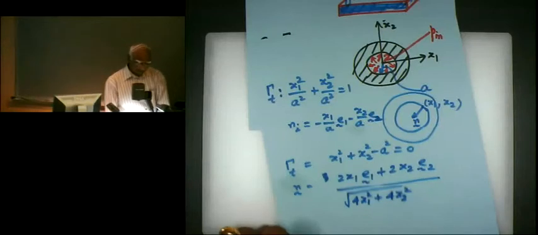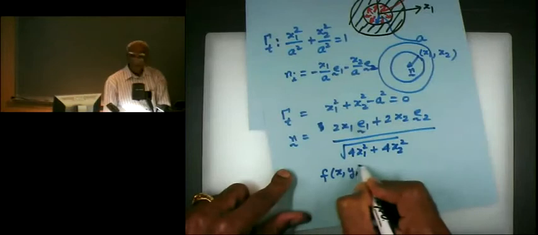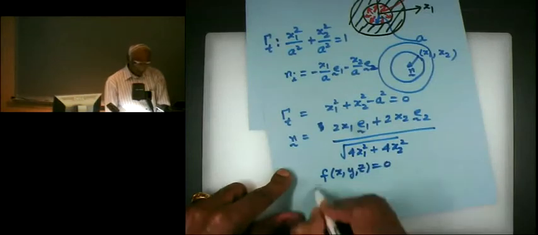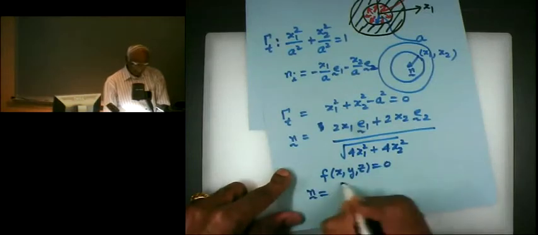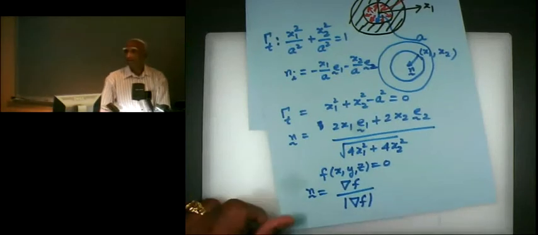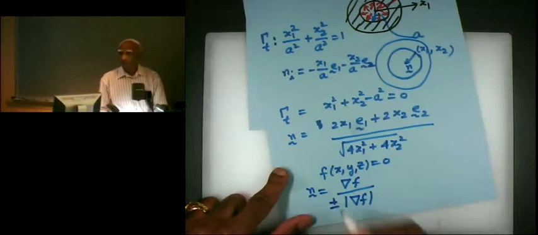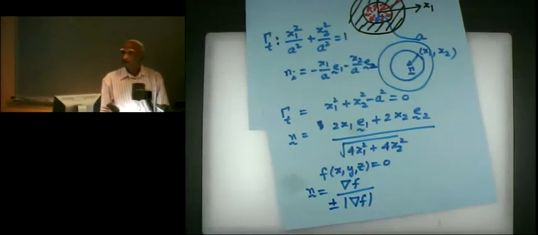What I'm saying is that if you have a surface f(x, y, z) equal to 0, the normal to this surface is the gradient of f divided by the magnitude of the gradient of f. But there's a plus minus sign here because when you take the square root, that you have to figure out yourself.